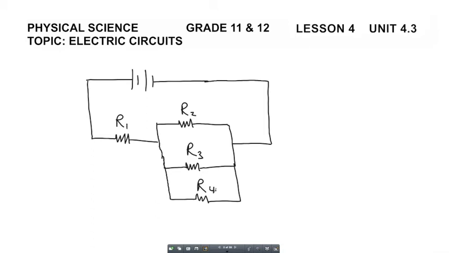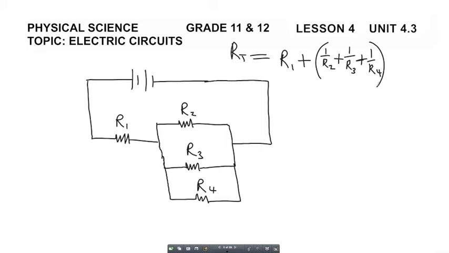This is just to create a bit of interest, because if we are talking about the overall resistance, remember we have R1, which is in series, plus, or let me use RT. I'll have R1 plus the sum of those resistors, 1 over R2 plus 1 over R3 plus 1 over R4.